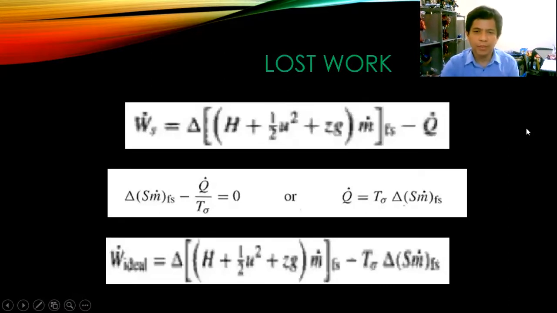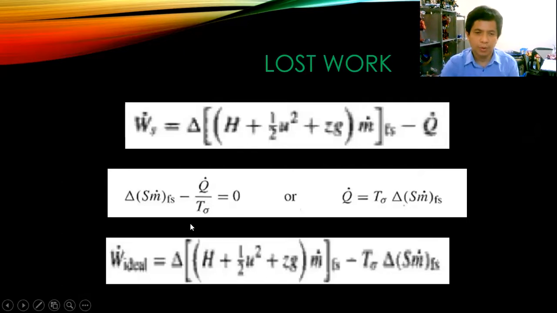Right here we have the general balance equation: W plus W dot plus Q dot is equal to delta H plus delta PE plus delta KE. Okay.